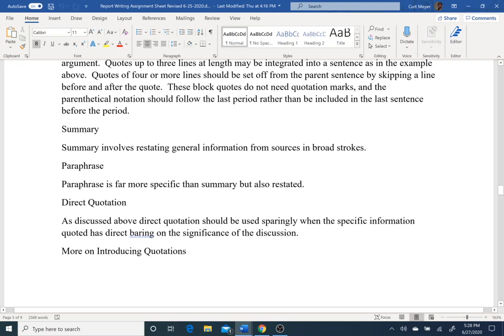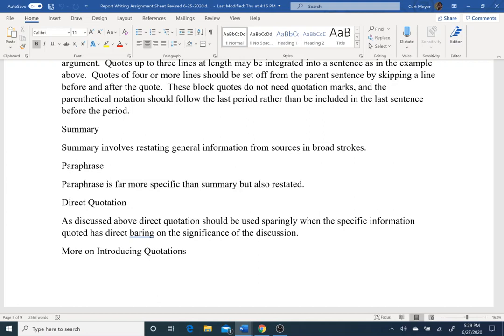So, direct quotation is not your only option, and it absolutely shouldn't be your only option. Only use direct quotation when the quotation is necessary for the meaning of what you're talking about, the actual language or the actual statistics, whatever it is necessary to convey the meaning.